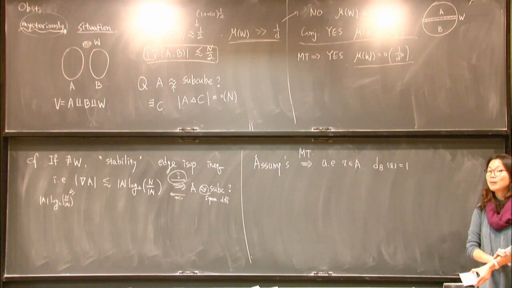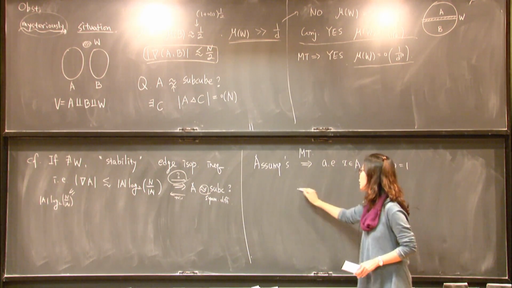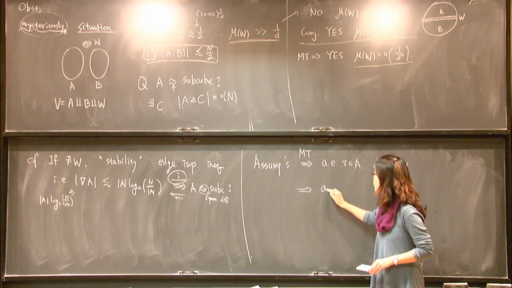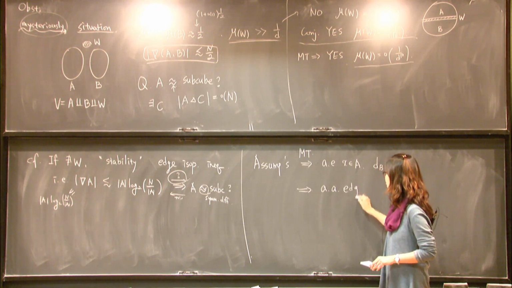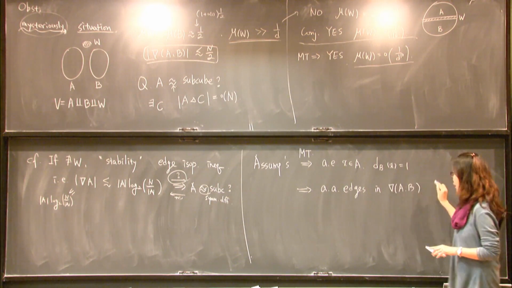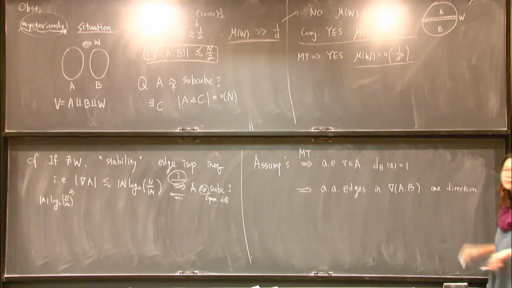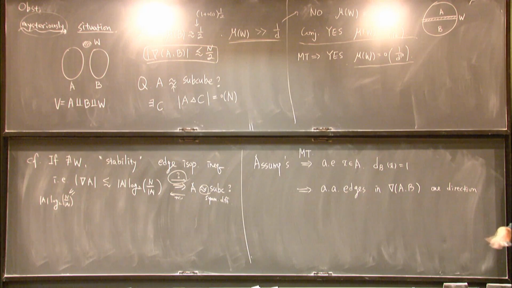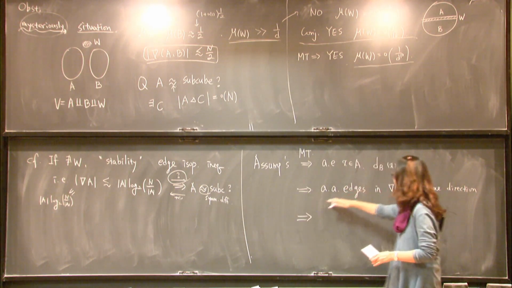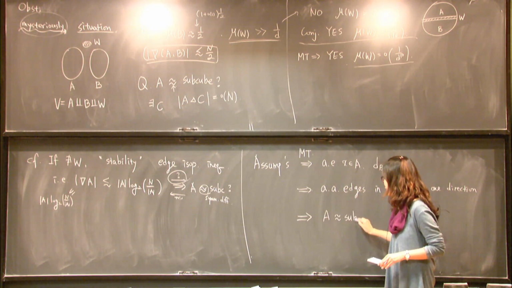This is where we used our main theorem. And then, once we show this with some different argument, we can show that almost all edges in nabla AB are in the same direction. This is not trivial. It needs some argument, but this is just a sketch. And finally, from here, we showed that A is close to a subcube.